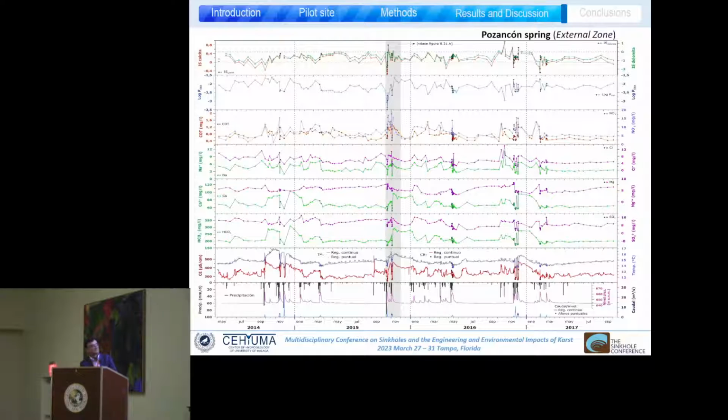Well, this is a record for approximately 3 years, but we combine different types of record. On one hand, continuous records, in that case for the water table, but also for the electrical conductivity and temperature. In this case, we have 2 records: the continuous line, but also single measurements.